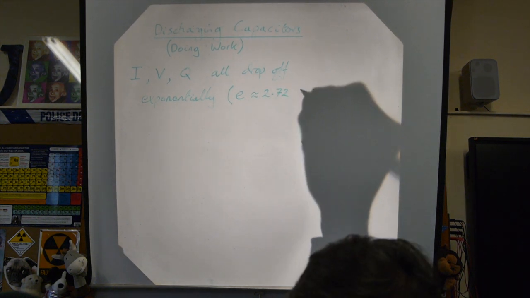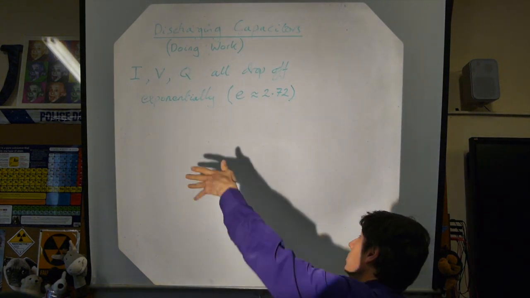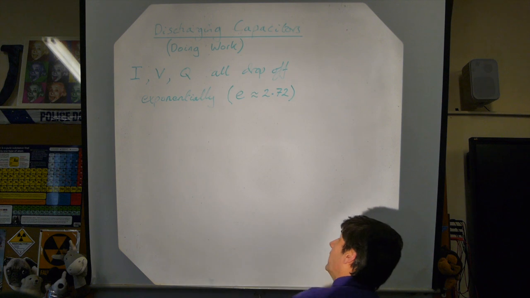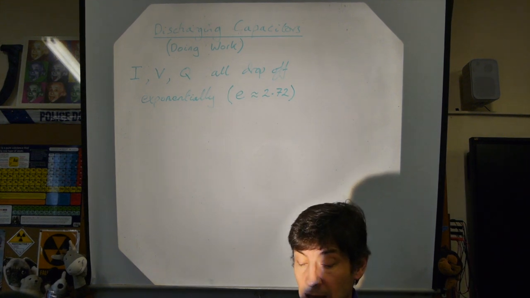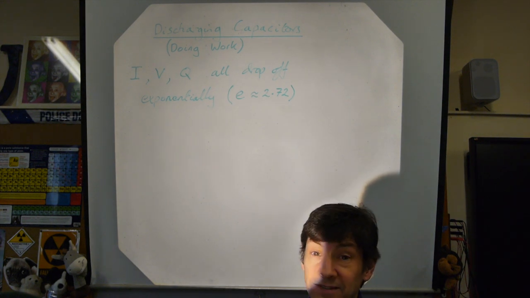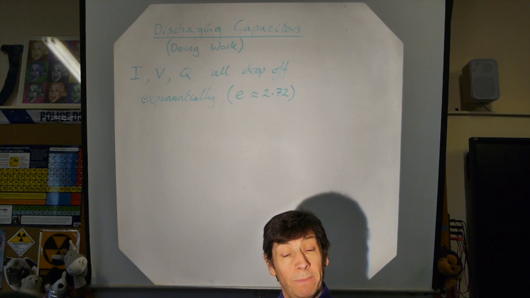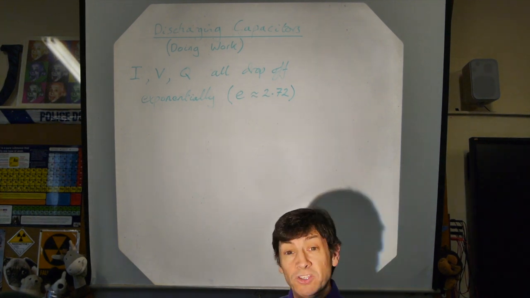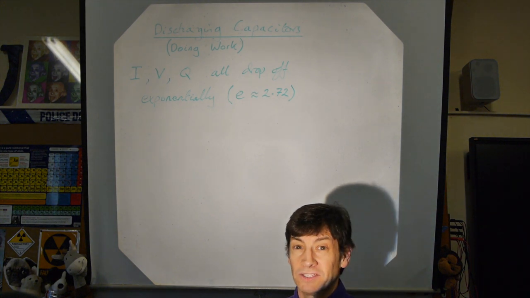It goes on further than that, a decimal that goes on and on, but we can abbreviate it to about 2.7 or 2.72. It's a constant and it doesn't have units. But this number is going to crop up again and again when we do circuits that involve discharging capacitors.